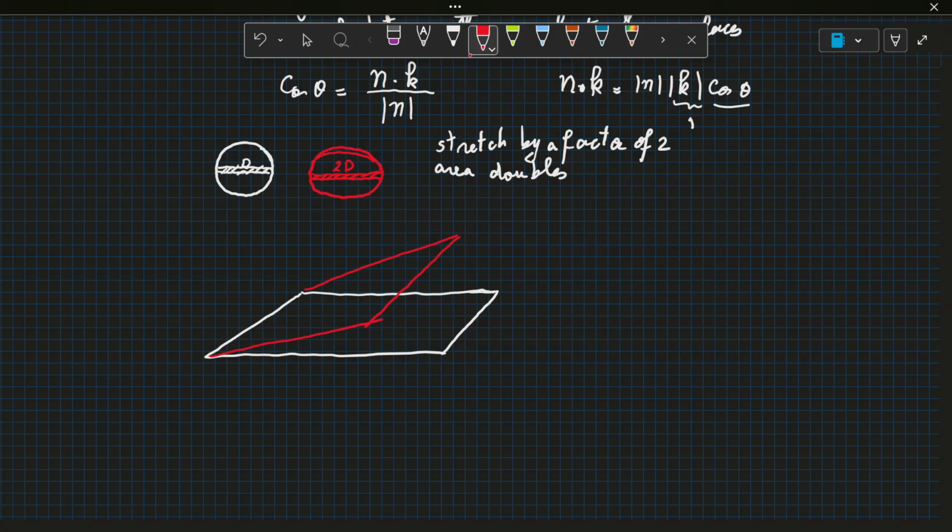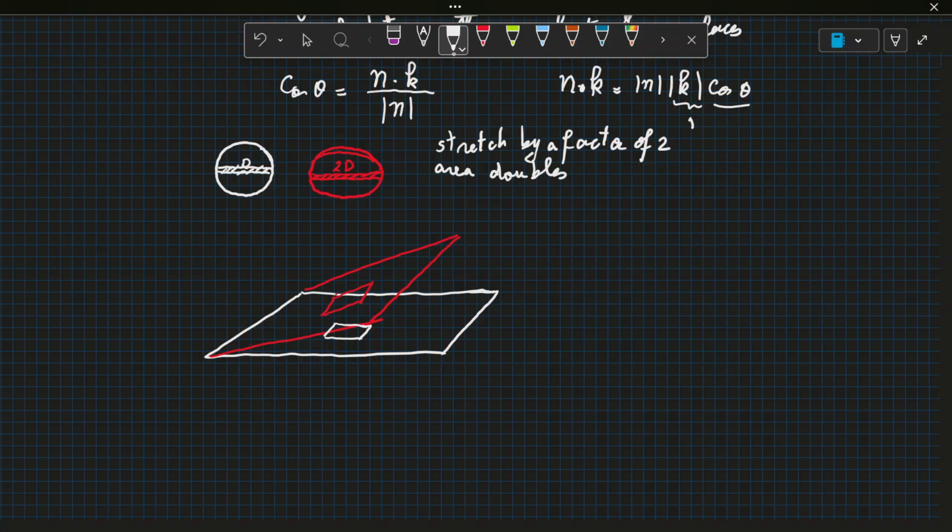Now, if I have a rectangle in the red surface, and the shadow of it down here in the XY plane, the white one is the shadow of the red one.